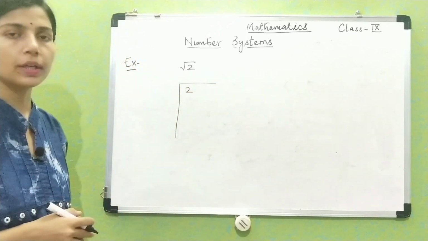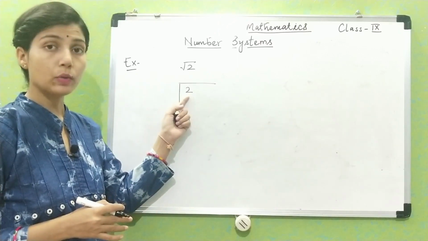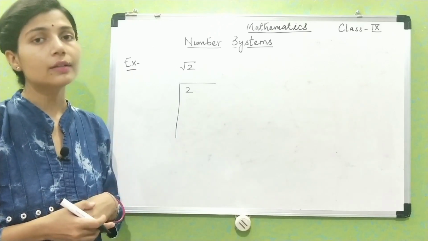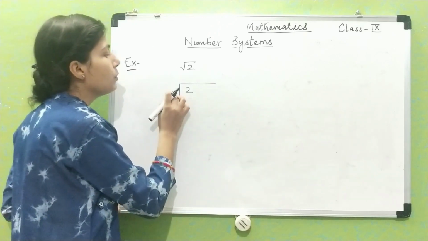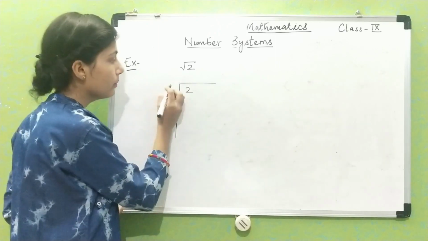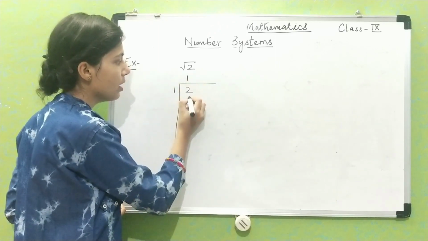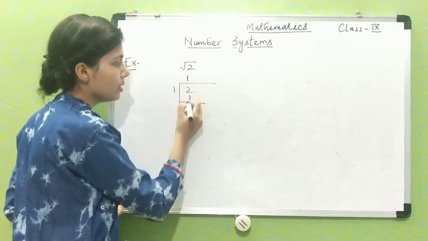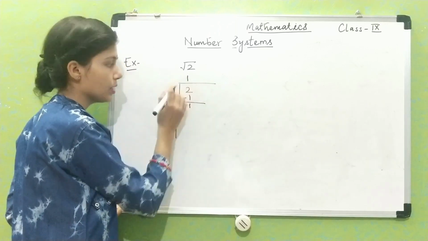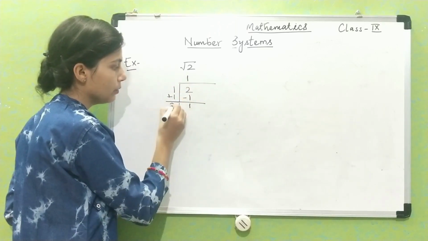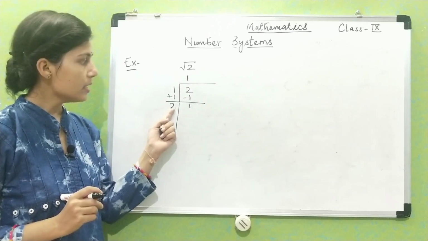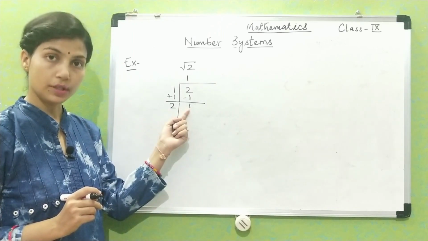Root 2. Here we are finding square roots, so we will take not multiplication but squares. We have to choose a number whose square is less than 2, that is 1. So 1 ones are 1. Okay, 2 minus 1 is 1. Here you have to add this quotient part, so it will come as 2. Look here, this divisor is less than the remainder.